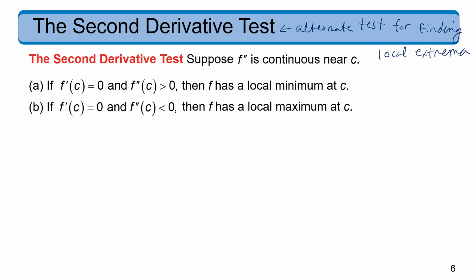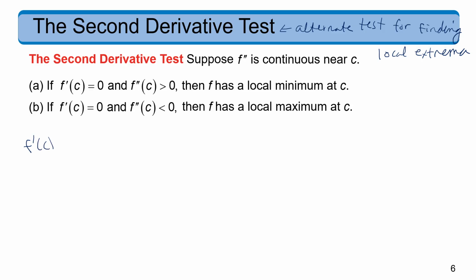So let's read what the test says. We have a function f, and we assume the second derivative is continuous near some x value c. There are two cases, and both of them have f prime of c equals 0. Now what does that tell us?